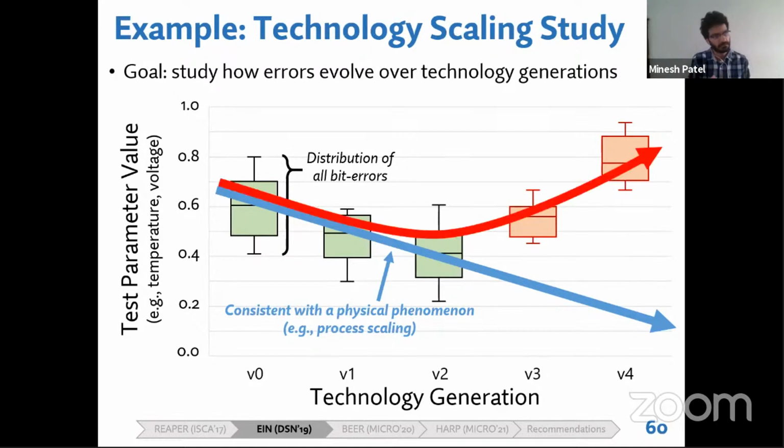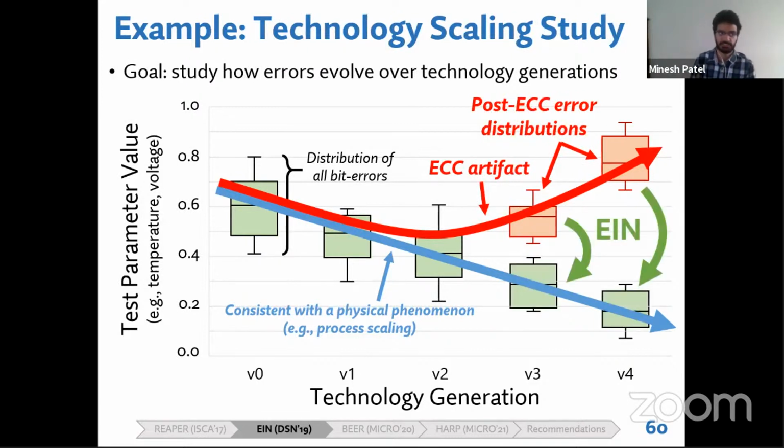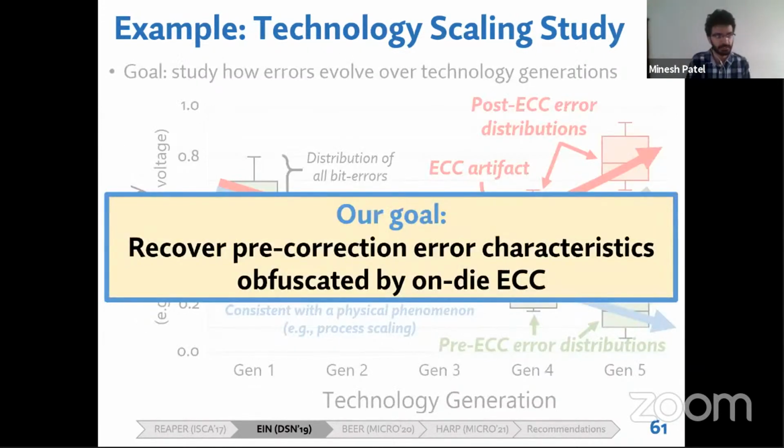And so we see this sort of kink that we don't expect to see. And so it might turn out that this is an ECC artifact, because what we're observing here are actually post-ECC error distributions. And using a methodology such as EIN, which we're proposing in this work, if we can recover the pre-correction error distributions, we can actually see that they might follow the distribution that we're expecting. And so our goal in this work is to recover these pre-correction error characteristics that on-die ECC obfuscates.